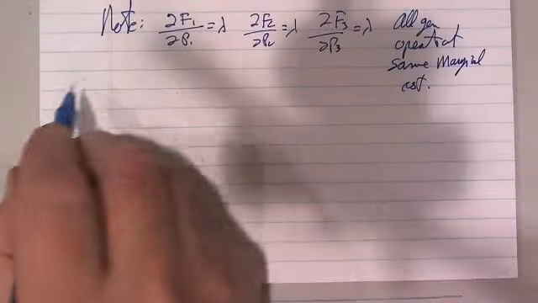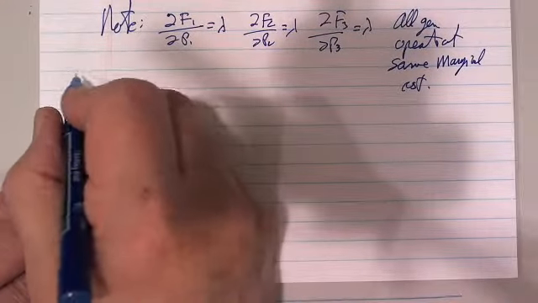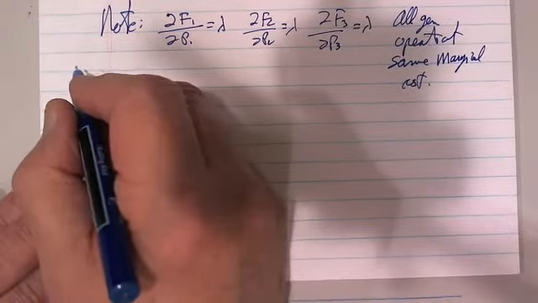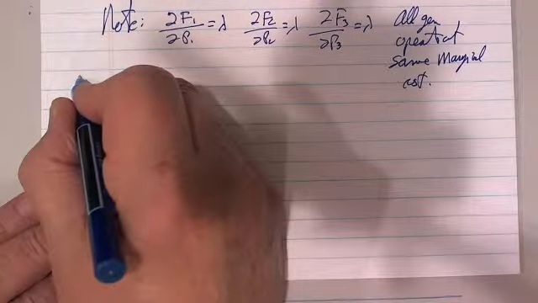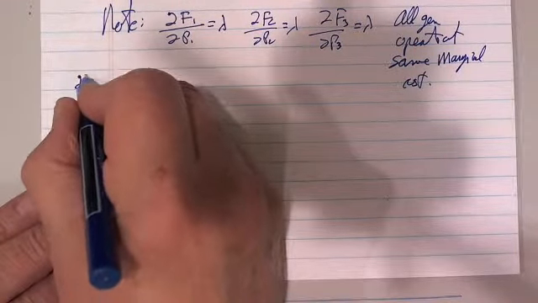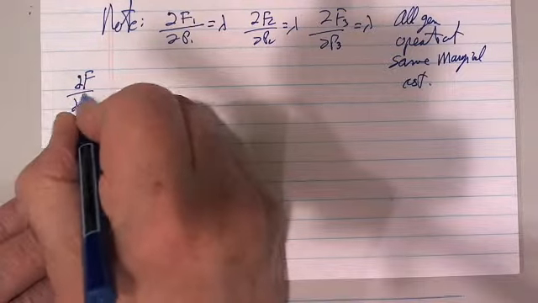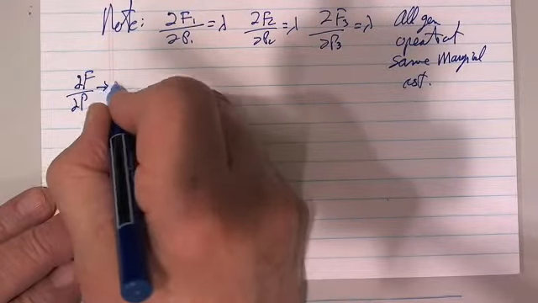Now, a little caution here. The economists insist that if you have a cost function F, then the first derivative of the cost function is the marginal cost.